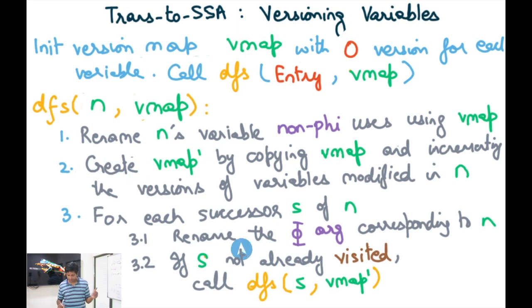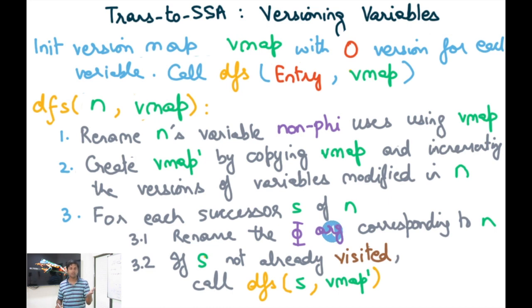So before I do the renaming of the phi arguments of the successor, I create a VMAP prime by copying VMAP and incrementing the versions of the variables modified in n. So for example, if A has been modified in n, then the new version of A will be 4 in VMAP prime. And for each successor S of n, if the successor S contains a phi node, then one of the arguments of that phi function will correspond to n.